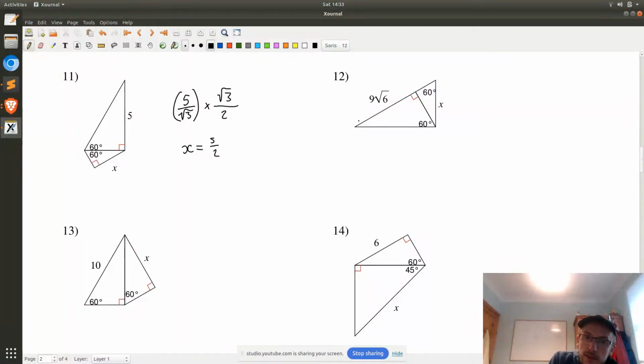All right, so it's not entirely clear what 9 root 6 corresponds to, but we'll pretend that it's that. Okay, so 9 root 6, which is a stand-in for root 3. We have to divide that by root 3 to get that.